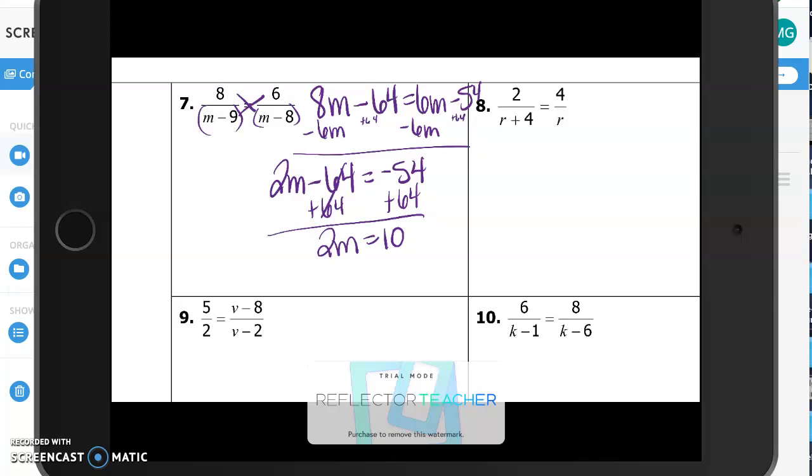Negative 54 plus 64 is positive 10. Divide both sides by 2, and m equals 5. Again, you'd want to plug your 5 into both sides to make sure they would come out to the same thing.